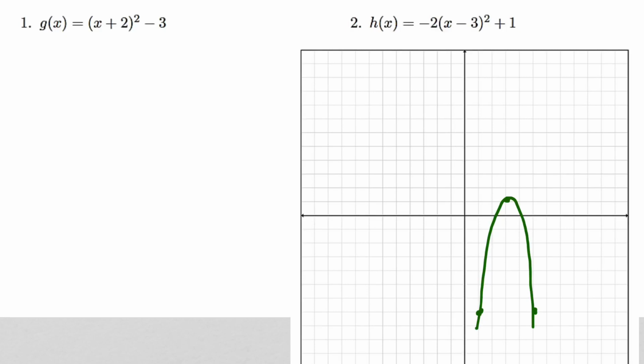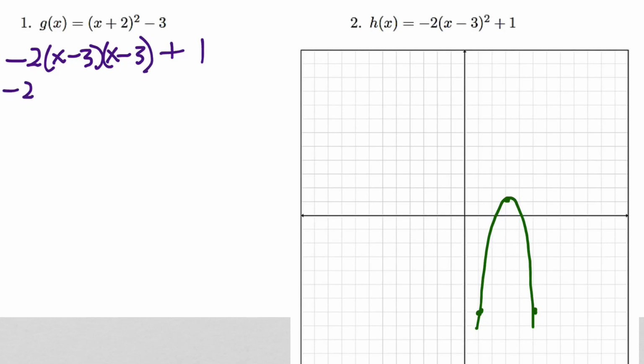Okay, now let's find the x and the y intercepts. You can see that the graph is going to have x-intercepts in 2 places here. So we've got to calculate those. So what we want to do first is expand out the function. So I've got negative 2 times (x minus 3) times (x minus 3) plus 1.